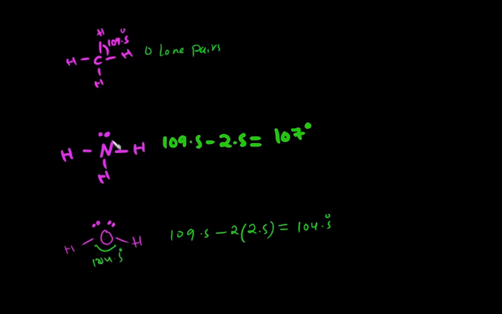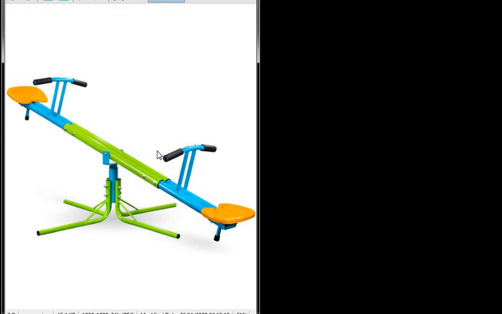So the bond angle here is 104.5 degrees, right? Another important shape is the seesaw shape or structure. Do you know what a seesaw is? Let me show you this picture.